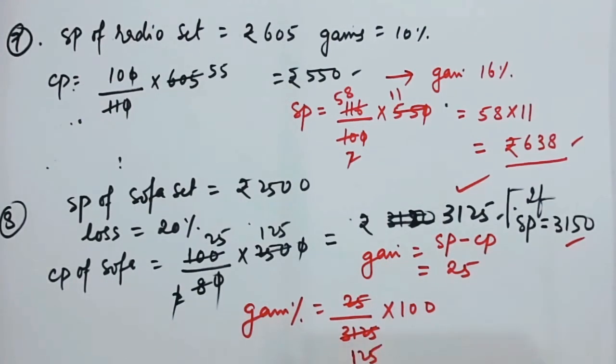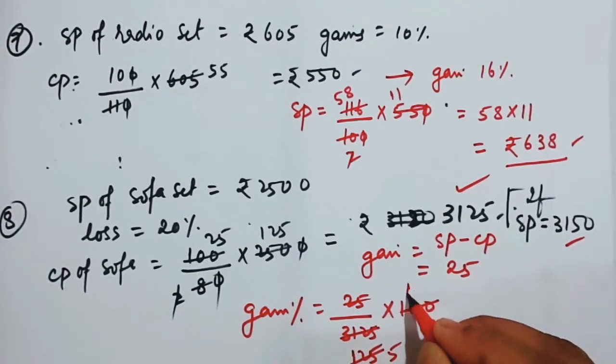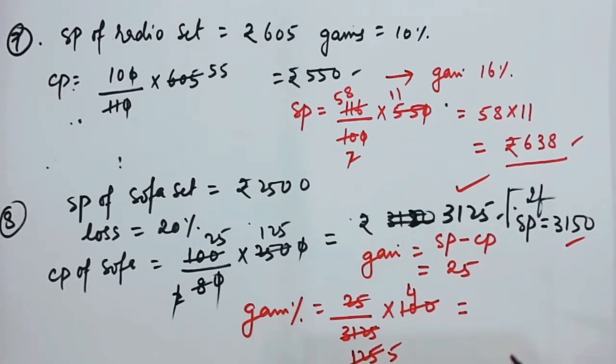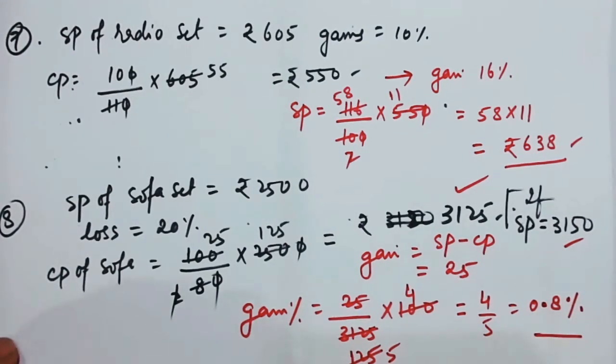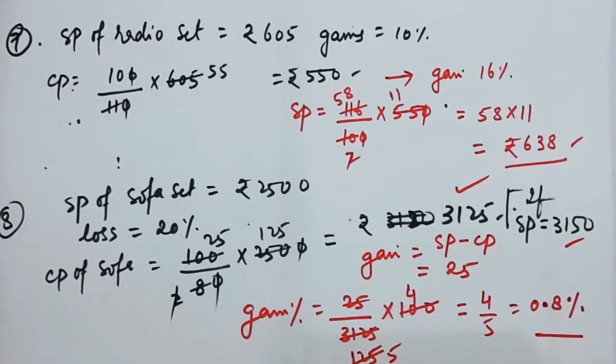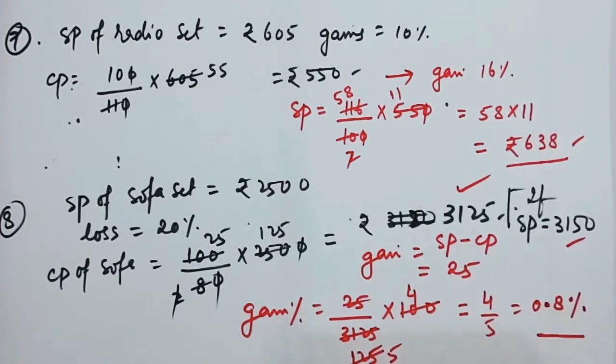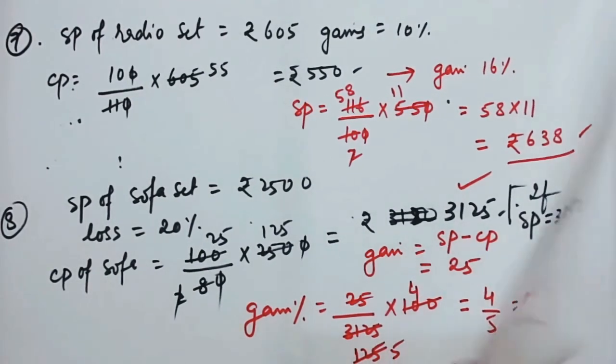And then 25 5 times and 25 4 times. So 4 by 5, that is 0.8. 0.8% is the gain percent. So you can see they just keep on rotating from one point to the other. Nothing different is there. Just you need to cram the formulas. Otherwise these sums are nothing.